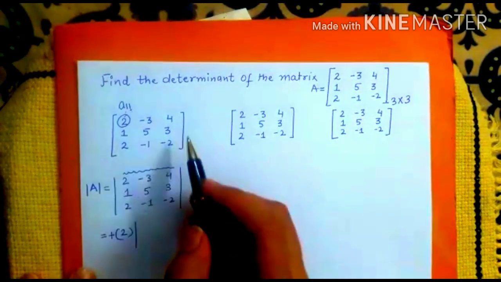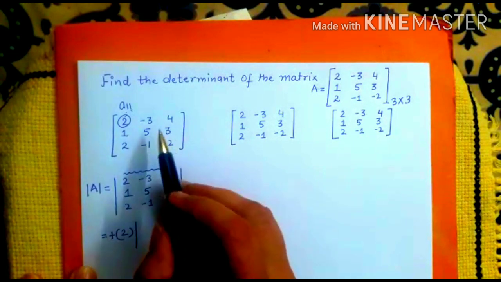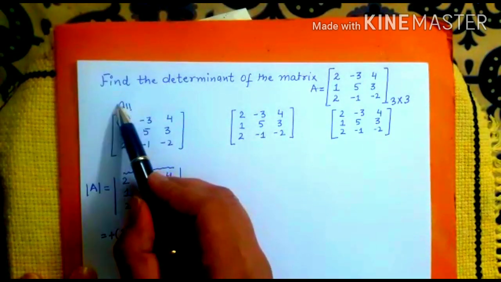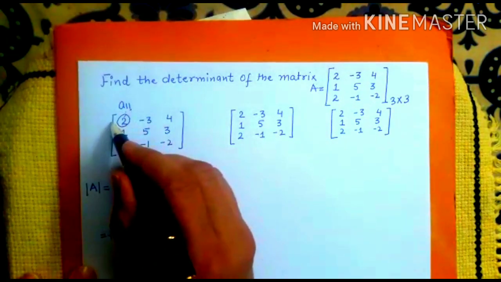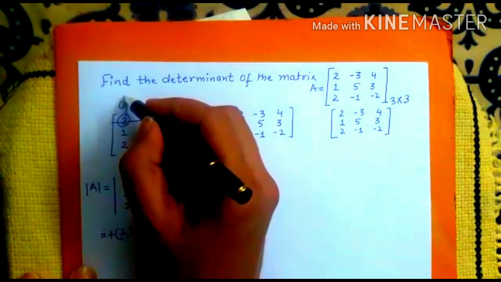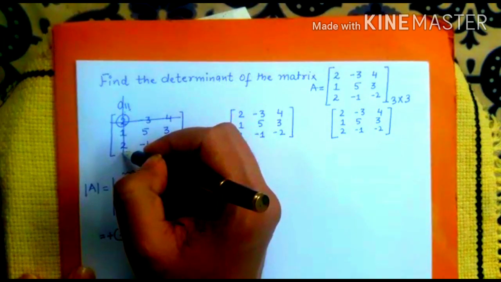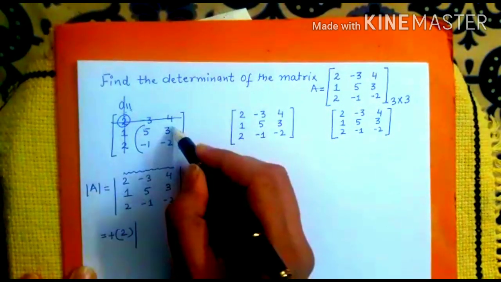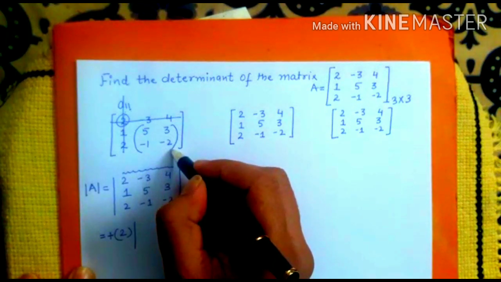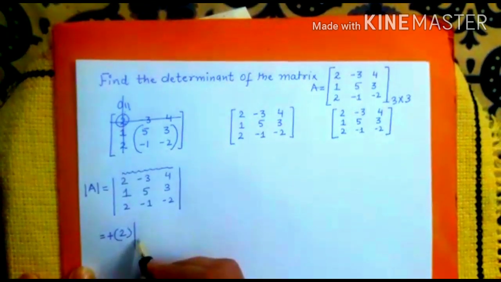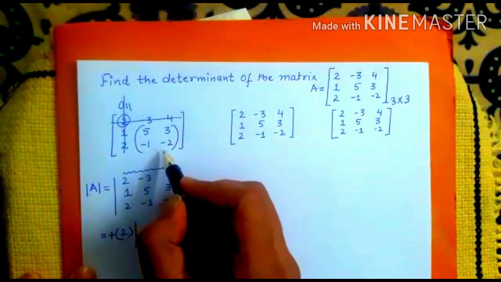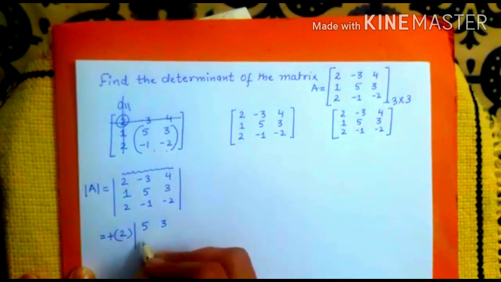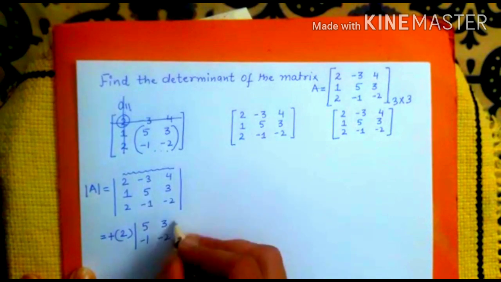Next, delete the row and the column in which this element A11 lies. So I delete the first row and the first column. After doing the deletions, I am left with this submatrix. So now I have to compute the determinant of this submatrix, which is 5, 3, minus 1, minus 2.